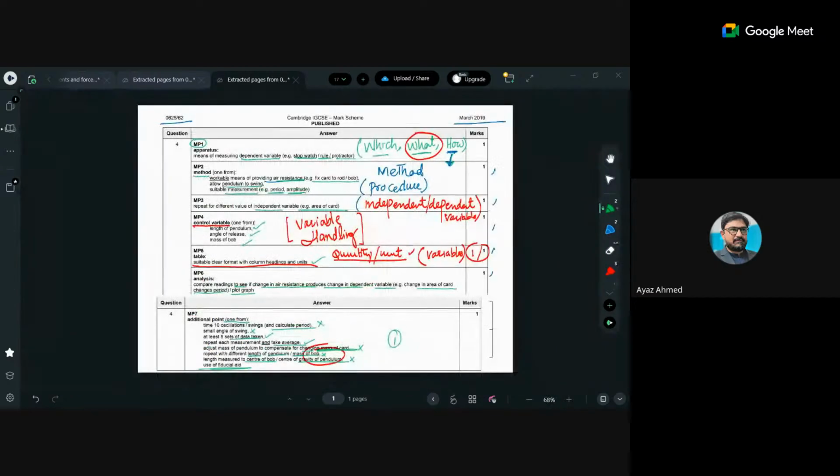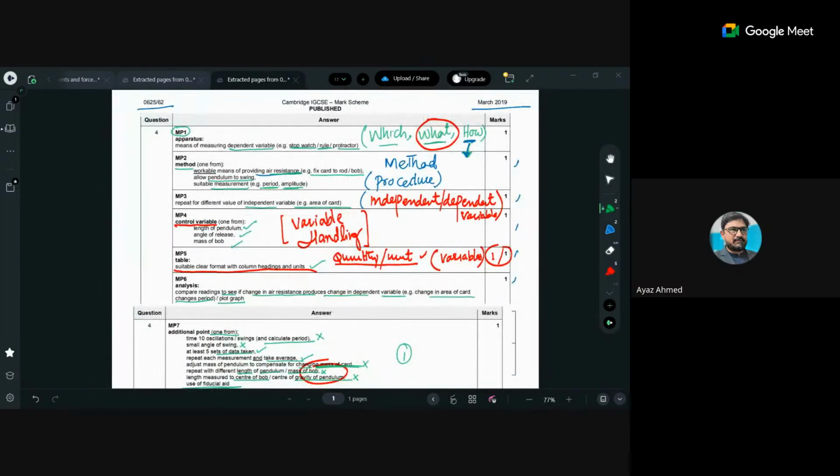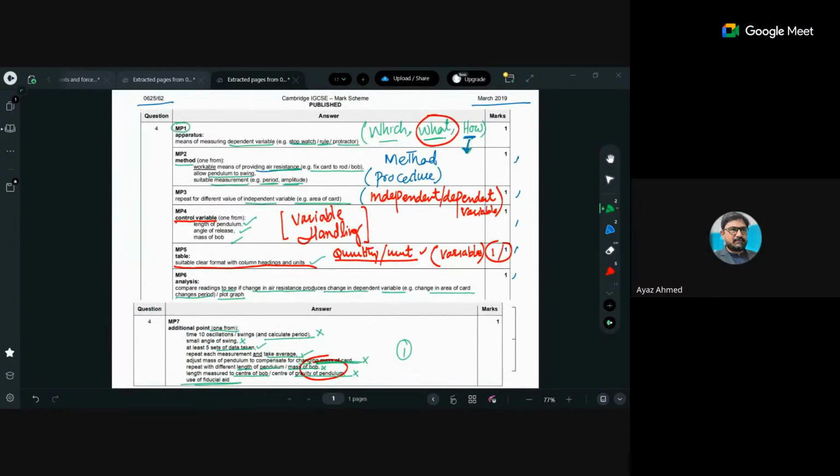So for all these questions in which you have this type of data, when you are practicing the ATP, please ensure one thing: once you go through the questions, you have to take care of all the additional details. I will provide you a list of additional details for specific types of experiments.